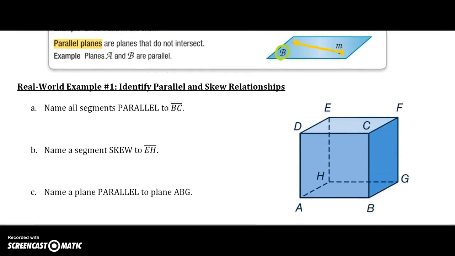So let's do some practice with this. We're going to identify parallel and skew relationships. Name all segments parallel to BC. Remember, they will never intersect, but are coplanar. If I have BC, one other one might be FG, coplanar.